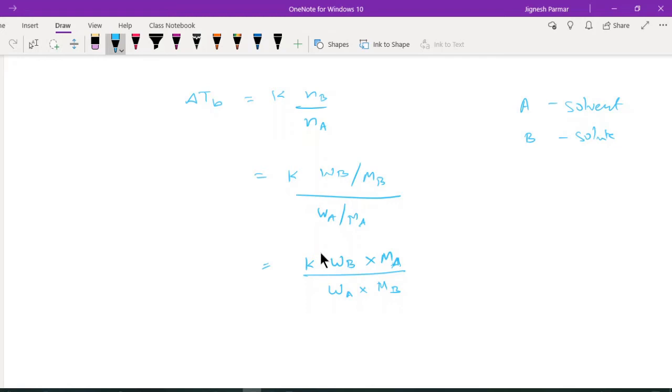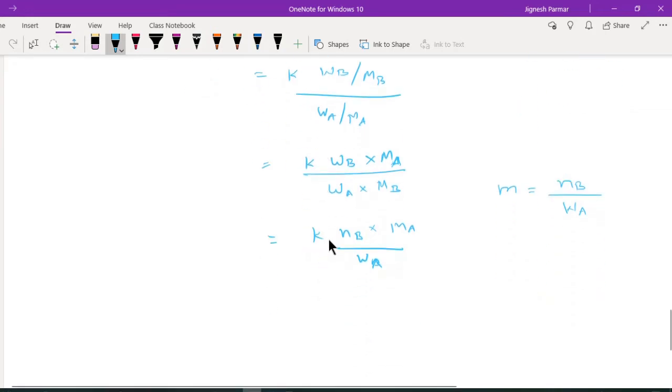Let us understand it in this manner. nB can be captured like this, and now MA upon WB, WA. But what is nB upon WA? We know molarity is equal to the number of moles of solute in 1 kilogram of solvent, which I can consider as WA.